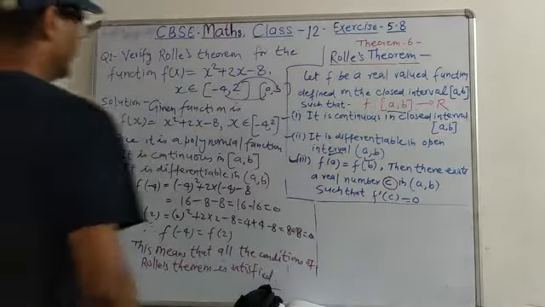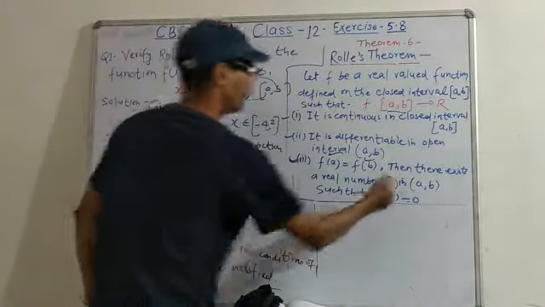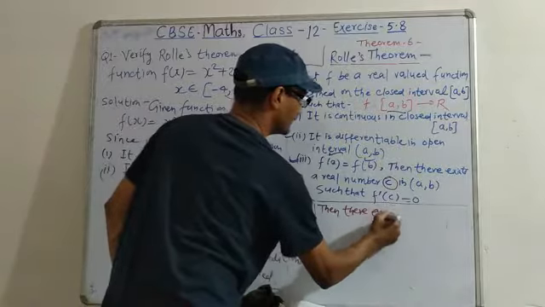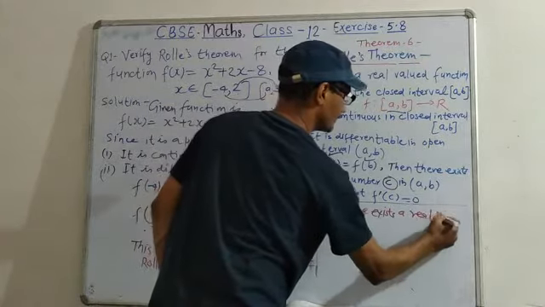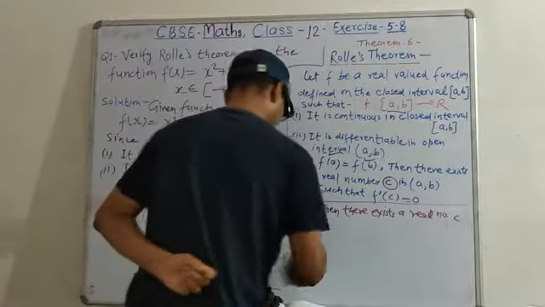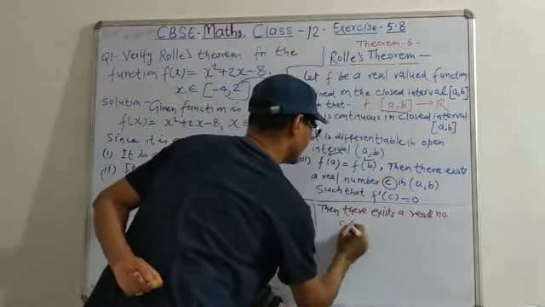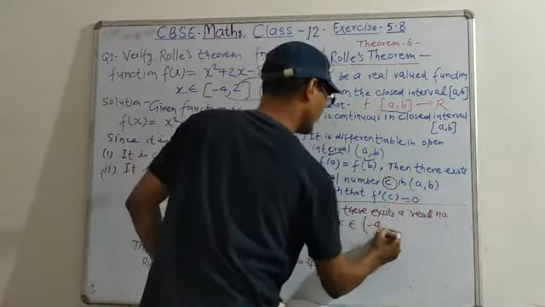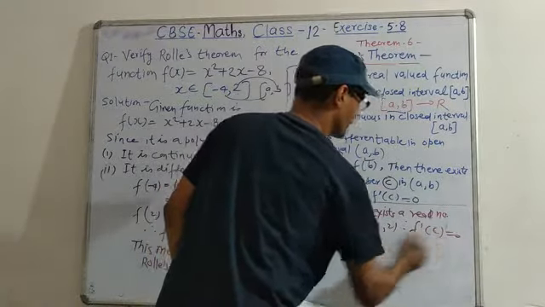Thereafter, there exists a real number c, and this c belongs to (a, b), where (a, b) is (-4, 2), such that f dash c is equal to 0.